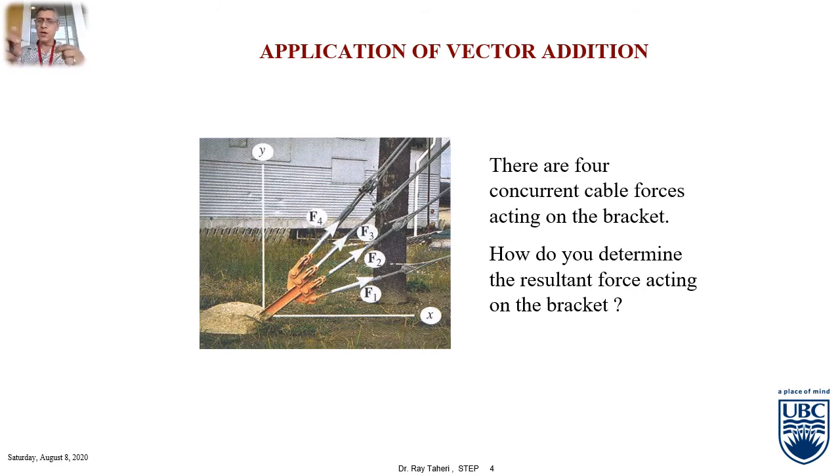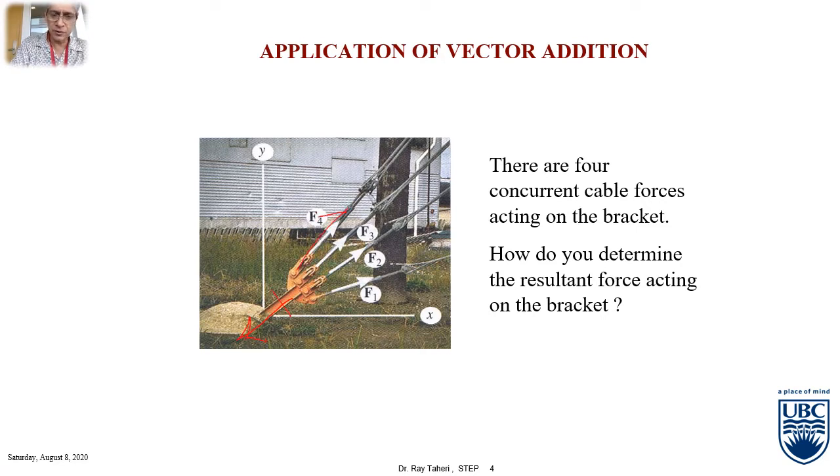You might ask, why do we need to add vectors? I give you a simple example. You have a pole or an antenna, and it's been anchored to the ground by something like a fork with four fingers, and you do need to know what is the resultant of these forces, because then you want to do a material selection on this bracket here.